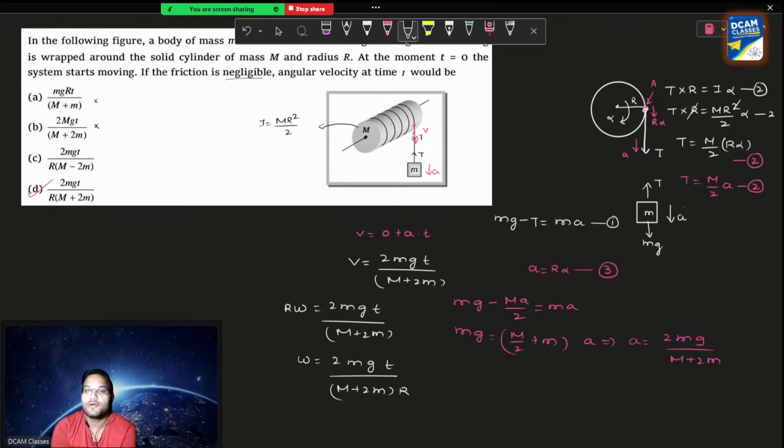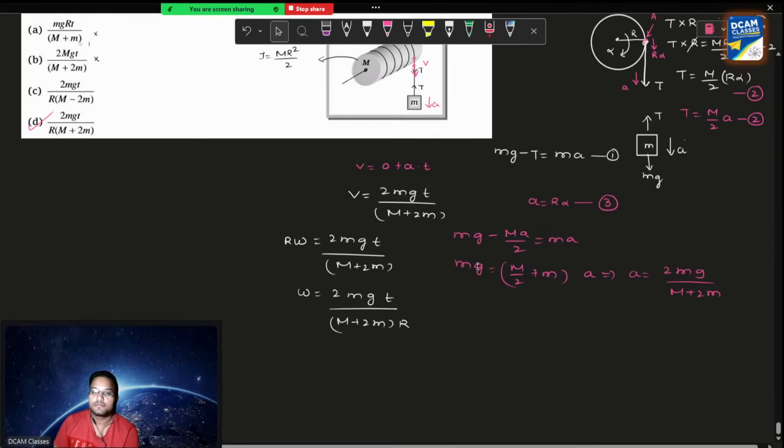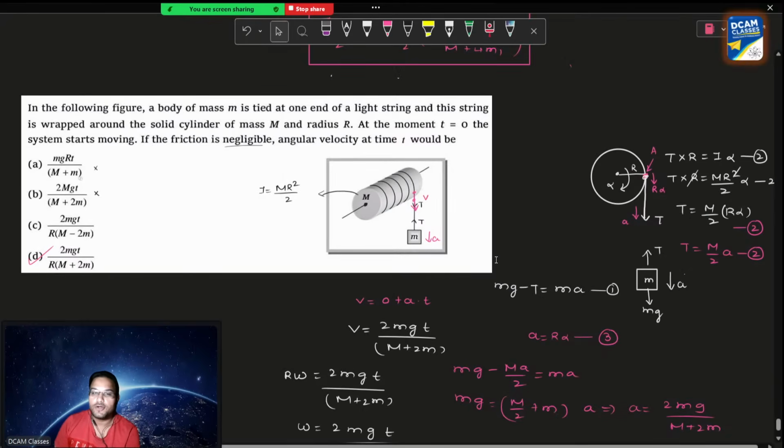A is equal to r alpha also you made, na? If you form the equations, you wanted some time to solve, which I did not give. If I would have given you some more time, you would have solved it completely.